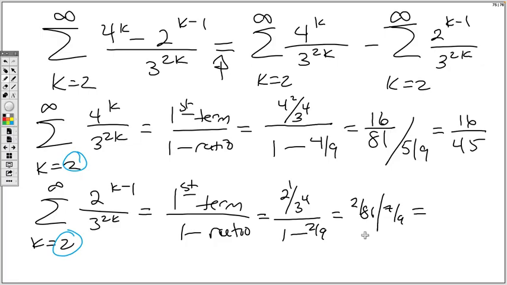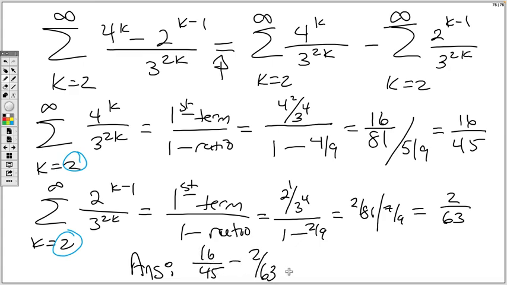So you flip the thing around. 9 times 7 is 63. The final answer would be 16/45 minus 2 over 63, whatever that works out to be. Fine.